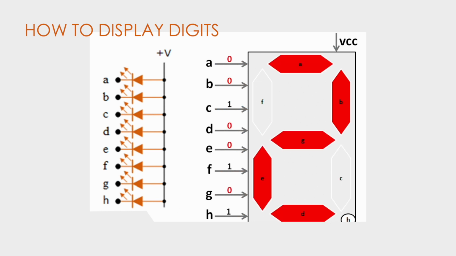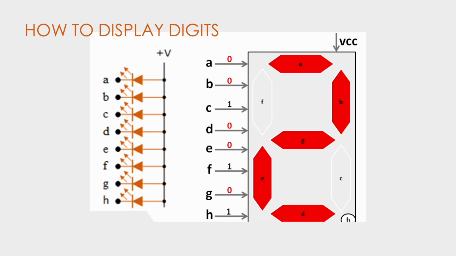Likewise, for displaying the digit 2, these are the required segments which need to be illuminated, and we get to see that these respective lines are to be driven with 0, and the rest of the segments which need to remain off are F, C and H. So these are the data which need to be ported through the respective port lines of the controller.